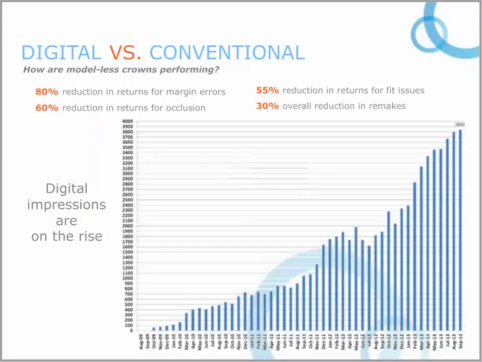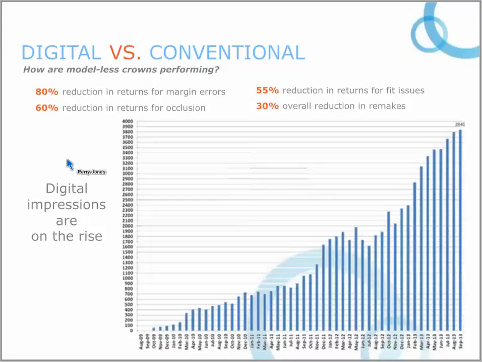We can use scans because we can go to a computer screen and we can work in a 100% digital environment. We can do modelless crowns. And let's look, here's some data from Glidewell, one of the largest, if not the largest, dental laboratories in the country. And we've asked Glidewell, how are we doing with these kinds of modelless crowns?